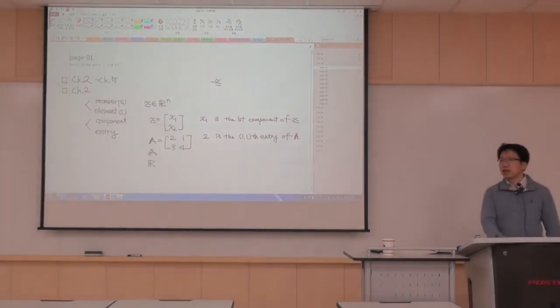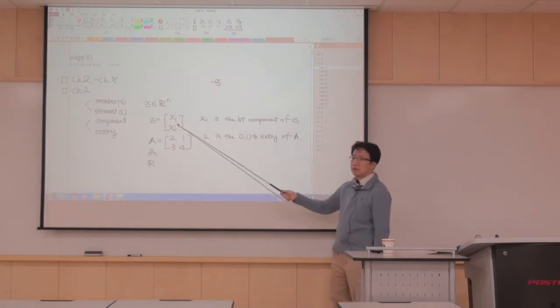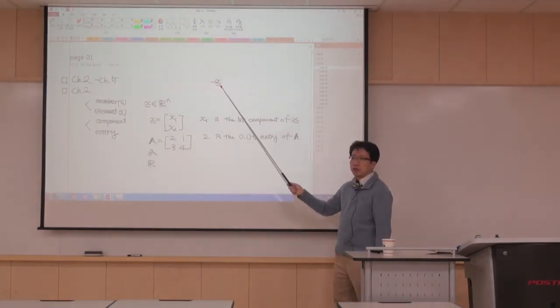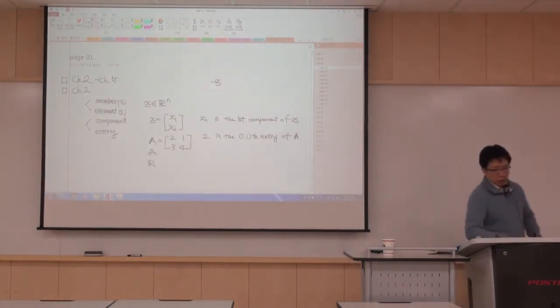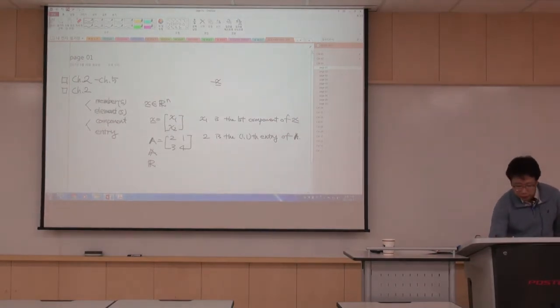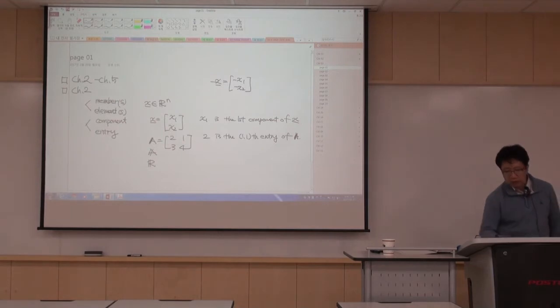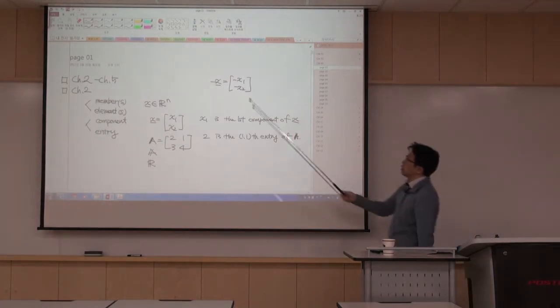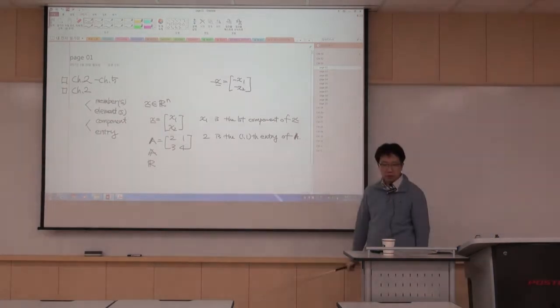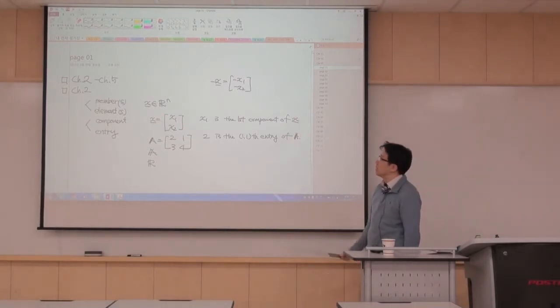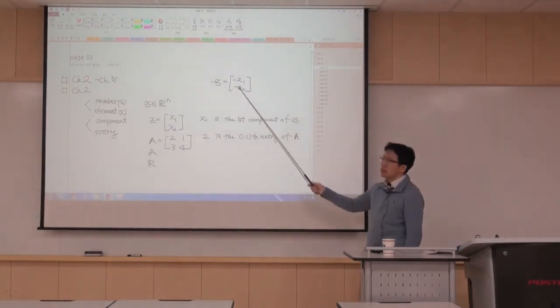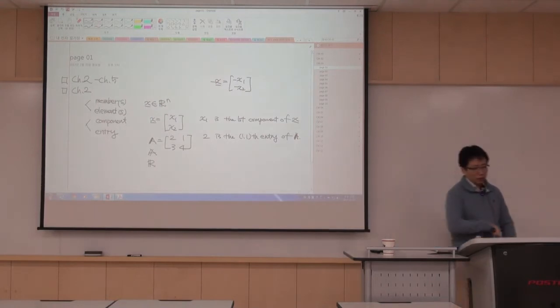Given a vector x like this, what is this one? They say this is a notation for a vector that has component-wise negation of the vector. But I will say it's entry-wise multiplication with -1.